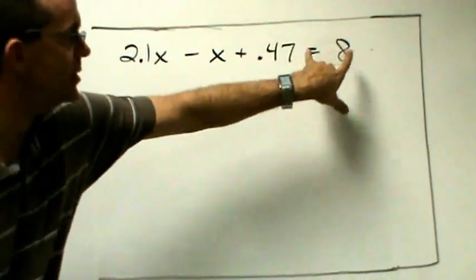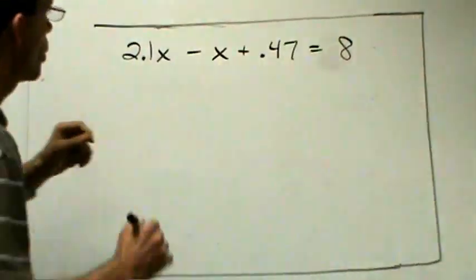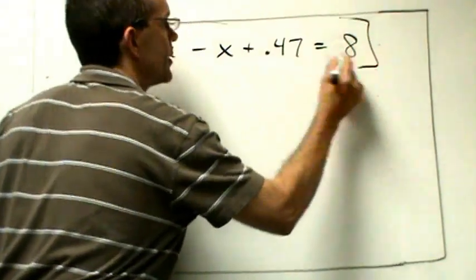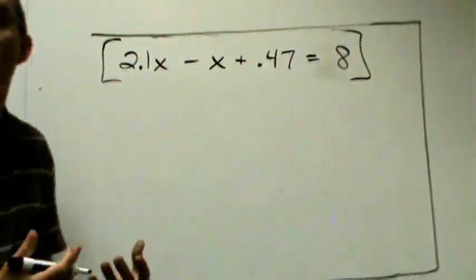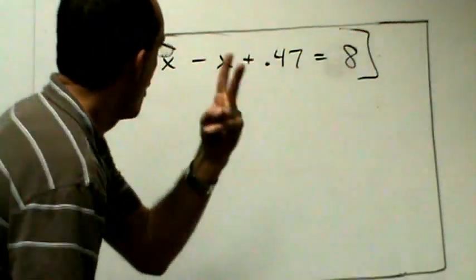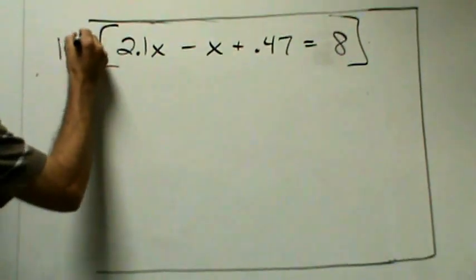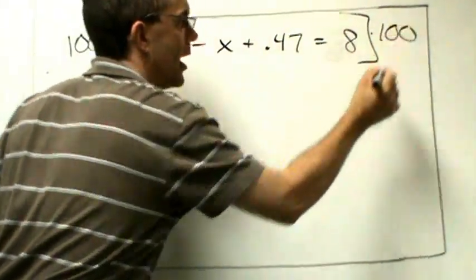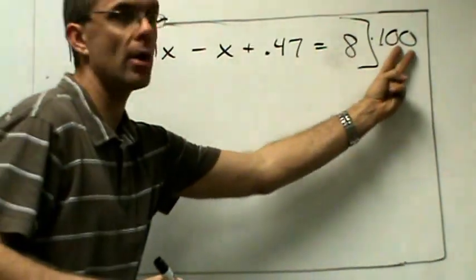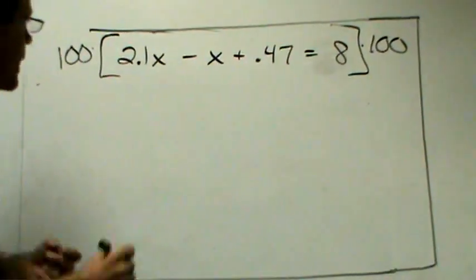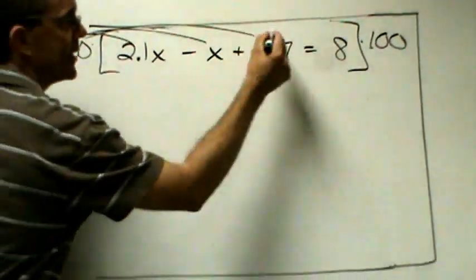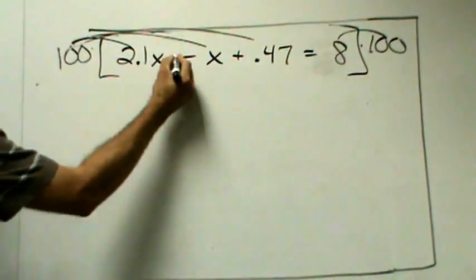Here it's twice. And here I don't see a decimal. So what I'm going to do is I've got to move it twice. So what power of 10 do I multiply by? If I want to move it twice, I take both sides times 100. 100 has 2 zeros. I will move the decimal twice. So again, I take everything times the 100, and I move the decimal twice.